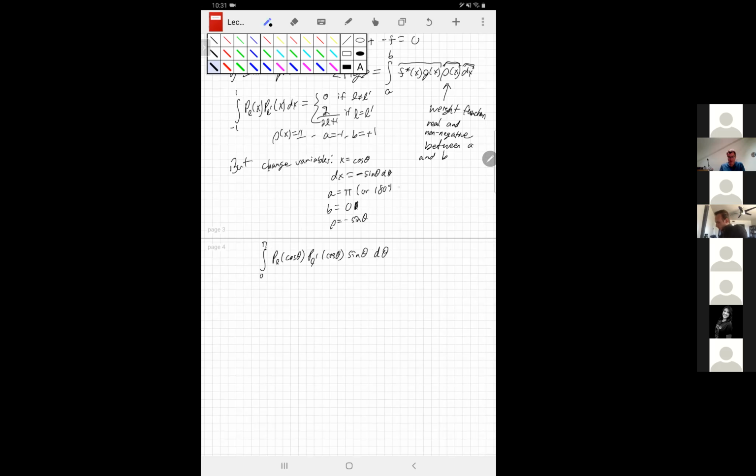Right? Or we might flip them around. Yeah, we would actually have to flip around. B equals pi, because rho is supposed to be non-negative. This is rho of theta.